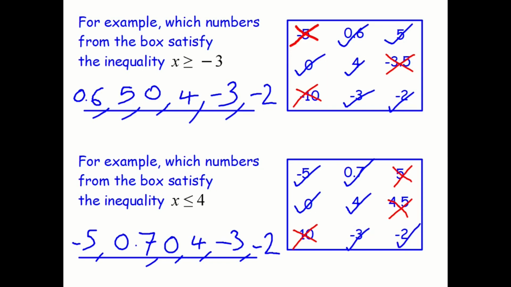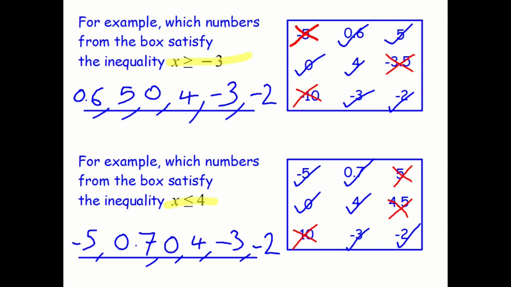So we say that x is greater than or equal to minus 3 because the x there is the bigger thing, because the sign is open towards the x. It's greater than or equal to minus 3. Here, x is less than or equal to 4 because the sign is open towards the 4, indicating that it's the bigger item there, bigger than x.